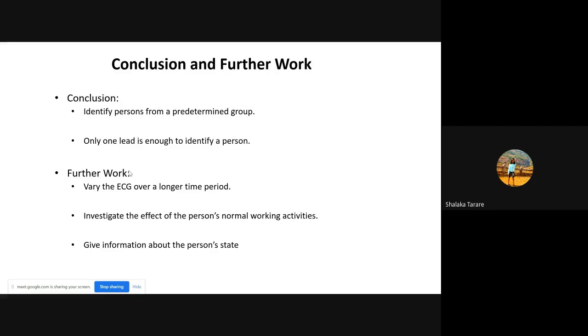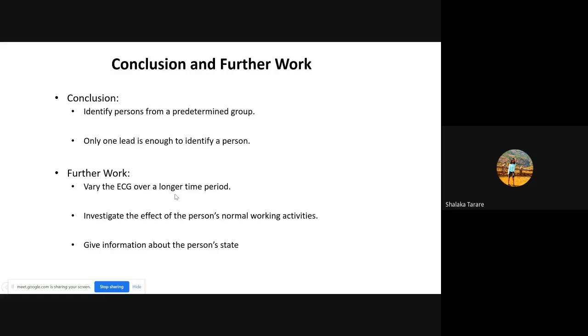Further work will be to investigate how the ECG will vary over a longer time period and if it will affect the possibility to identify a person. Other interesting aspects are to investigate the effect of the person's normal working activities on the ECG.